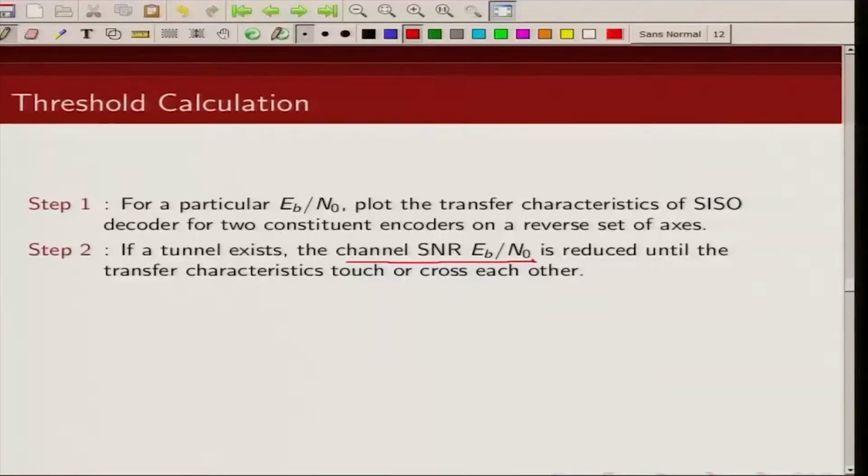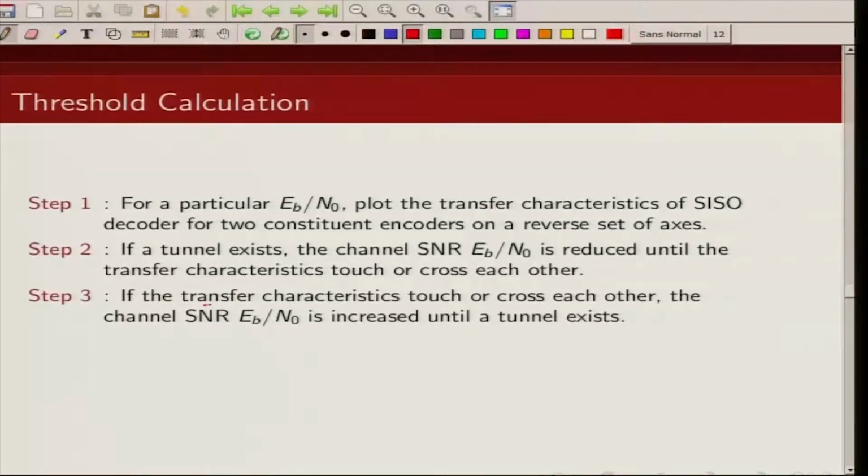So, what is the effect of channel SNR? As you reduce the channel SNR, these transfer characteristics, which have been plotted on reverse axes, come closer. So, the smallest SNR for which there is still a tunnel is your decoding threshold for that particular code.